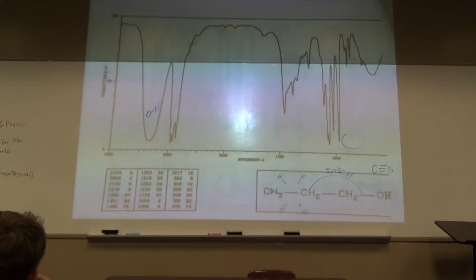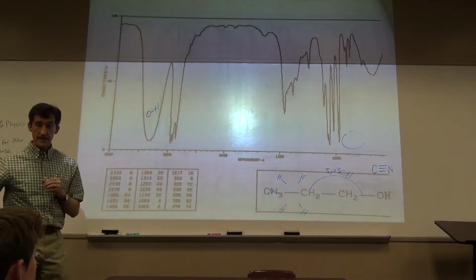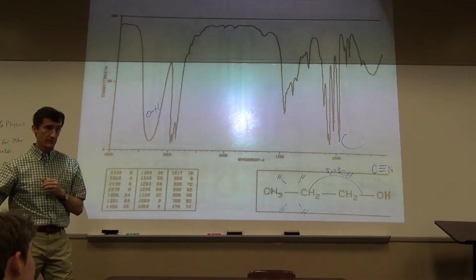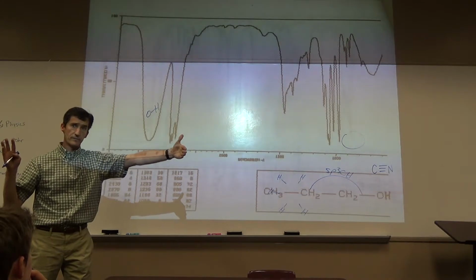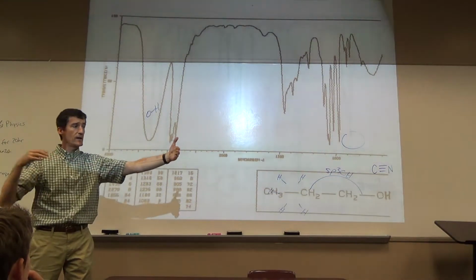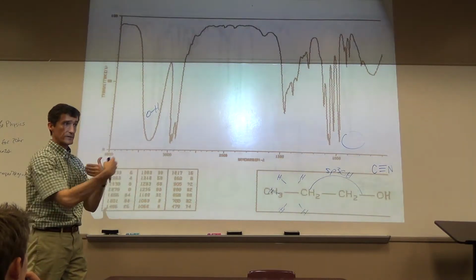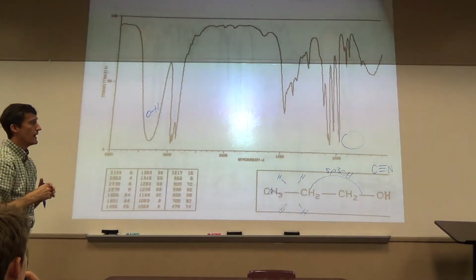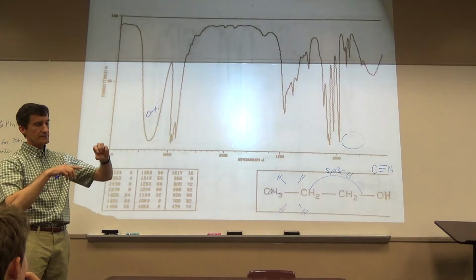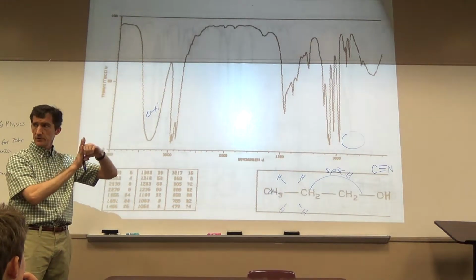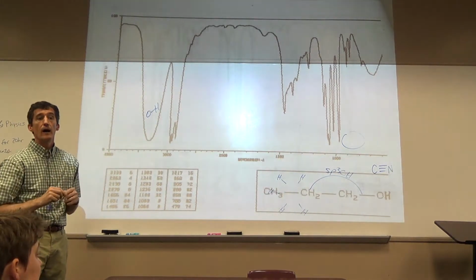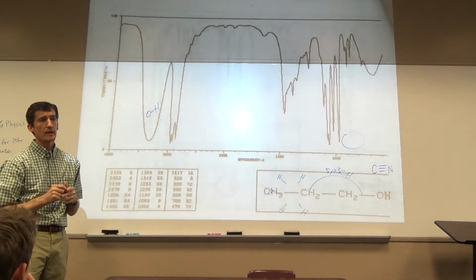But in the old days, there was a generator of the IR light, and then there was a receiver. The sample sat in between, so the light shined through the sample, the absorbance took place, and then there were detectors. You had to actually make a film. The compound was in a transparent film so the light could shine through it. It took a little bit of effort to do that.